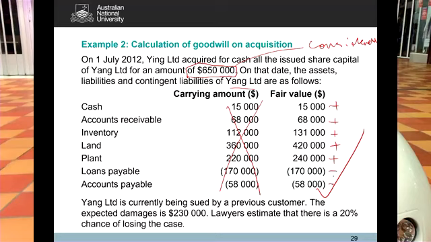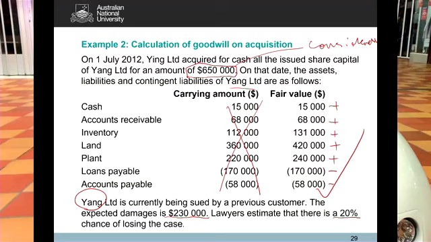And see what the additional information says. The additional information says this company, the acquiree, is currently being sued by a previous customer. Expected damage is this much. The lawyer estimates a 20% chance of losing the case. So normally they would just not recognize it, just disclose it as a contingent liability.